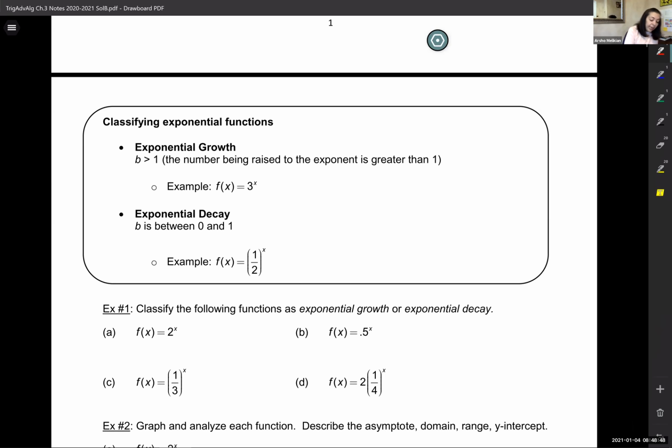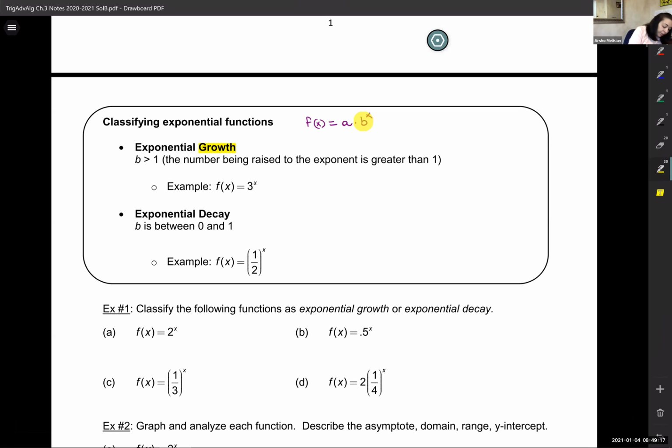Well, here we go. If something is exponential growth, then its function has a specific look. The general form of the function looks like this. You've got this number a times b to the x. So to figure out if something is growth or decay, you look at this number b.